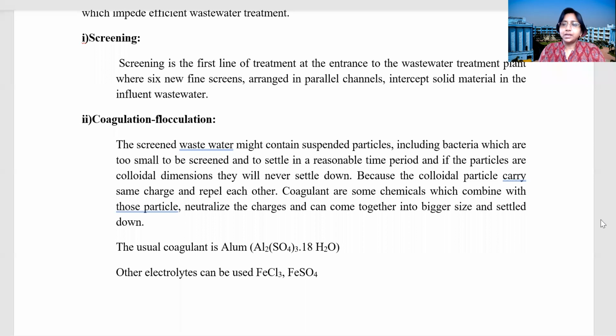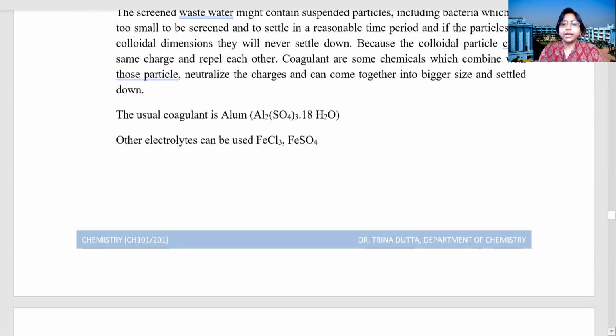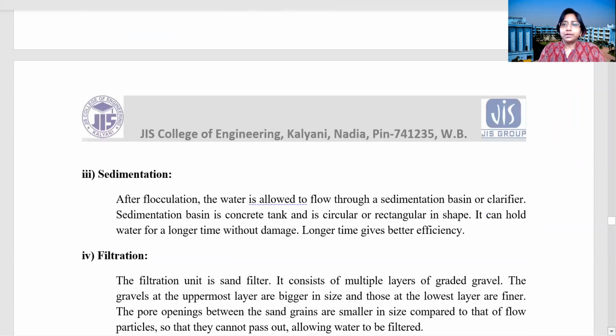After coagulation and flocculation, they will precipitate down. Next we have to do the sedimentation process. We take a sedimentation tank and keep the water there for a long time. If we keep it for 2 hours, and if we keep it longer, like 4 hours, the efficiency of settlement will be higher.